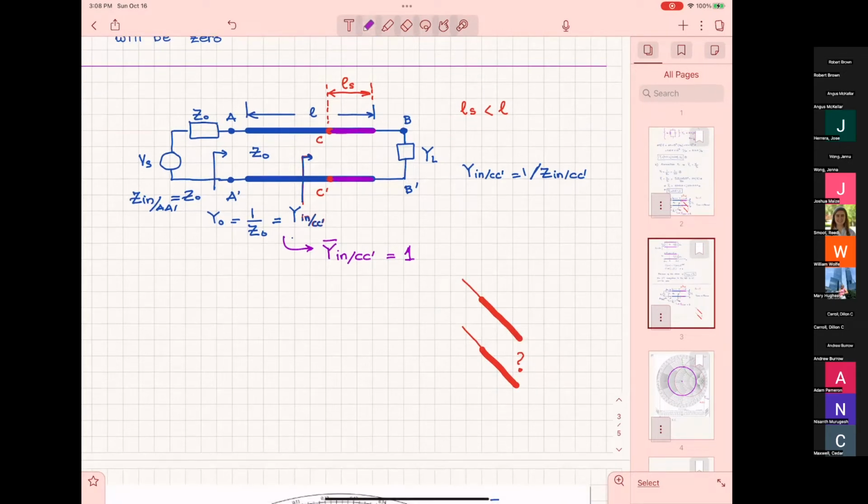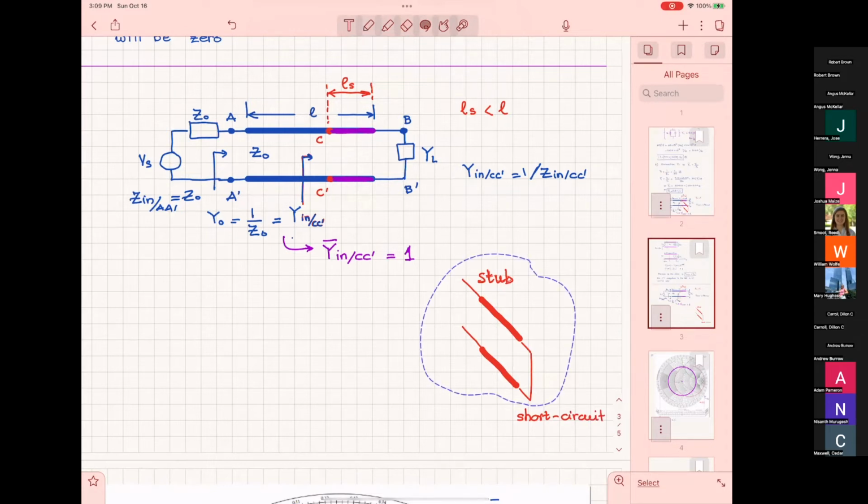A stub, by definition, is a section of a line that has what at the end? What is the load at the end of this line? It is either a short, which we call short-circuited, or an open.